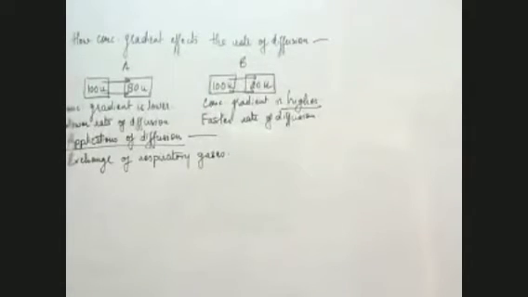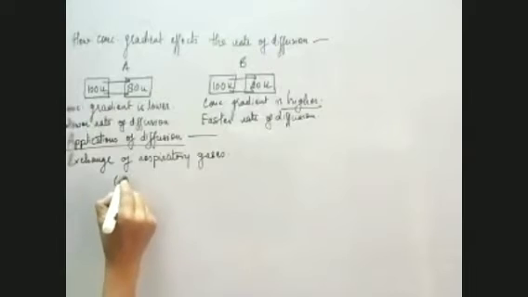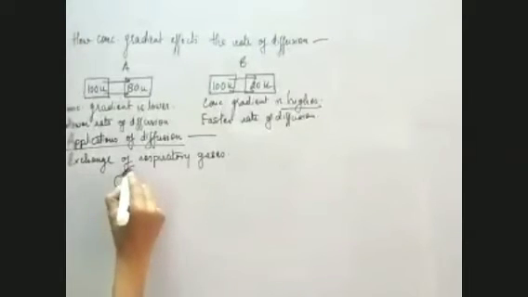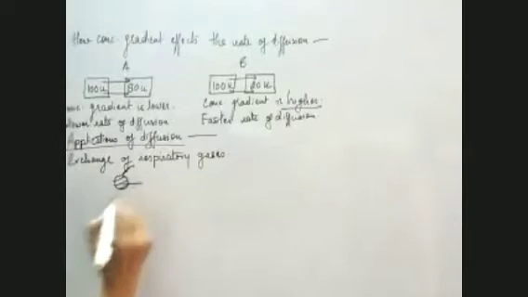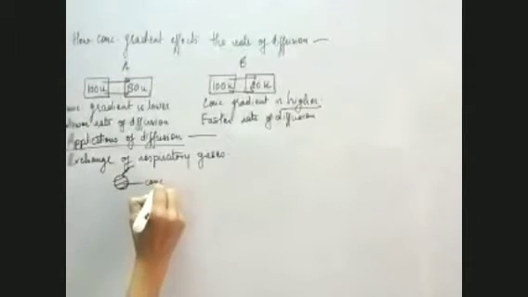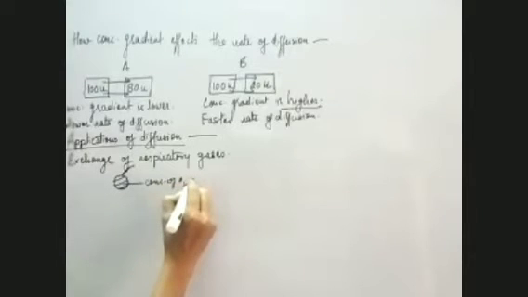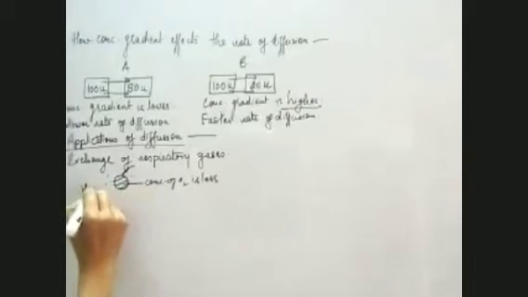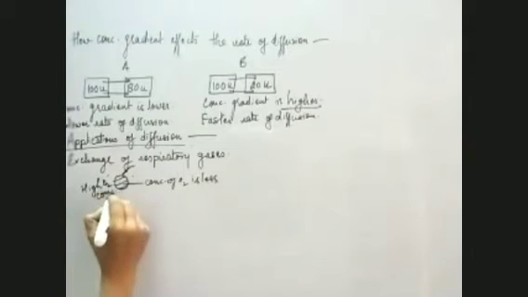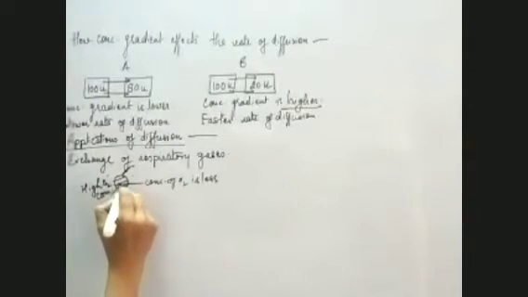If this is one of the alveoli, it has blood vessels around it. Here inside the alveoli, the concentration of oxygen is less, and outside it is high. So from the higher concentration, the oxygen diffuses in from outside.